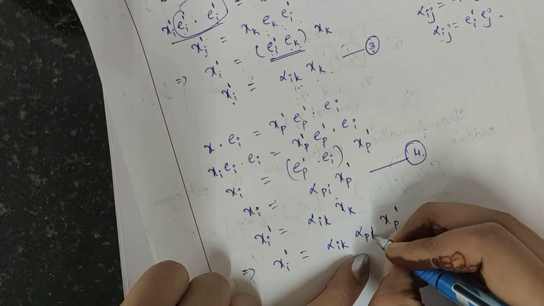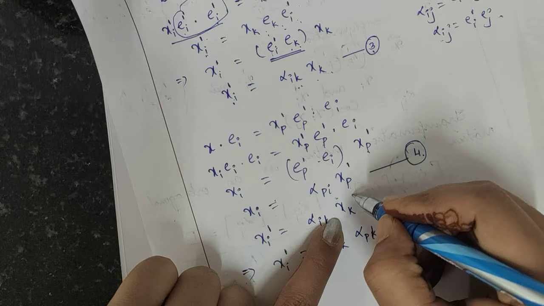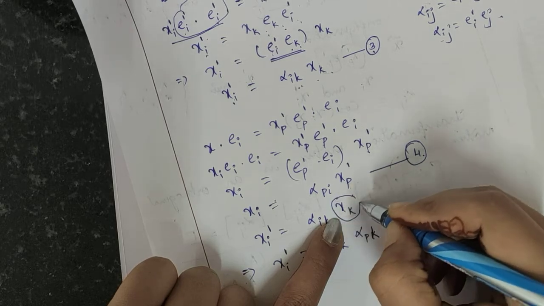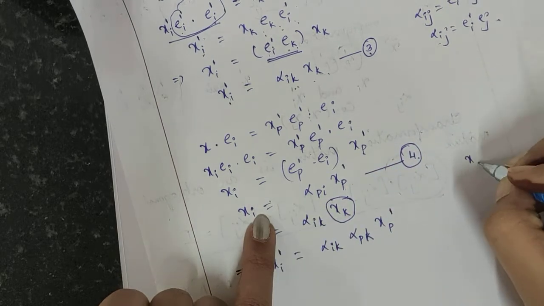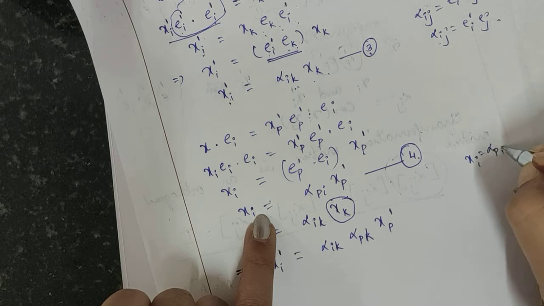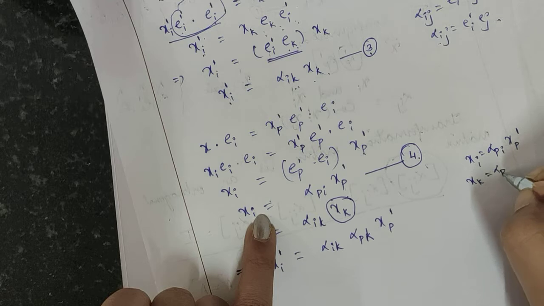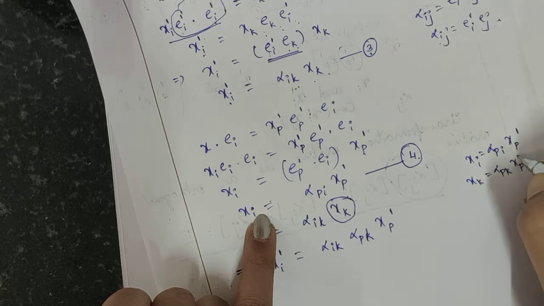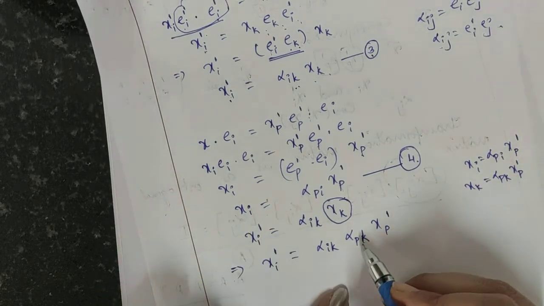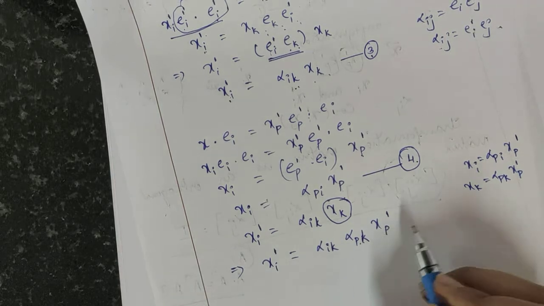Sorry, this is not pi, this is pk. We are substituting for xk, right? xi is equal to alpha pi xp prime, so xk will be alpha pk xp prime.